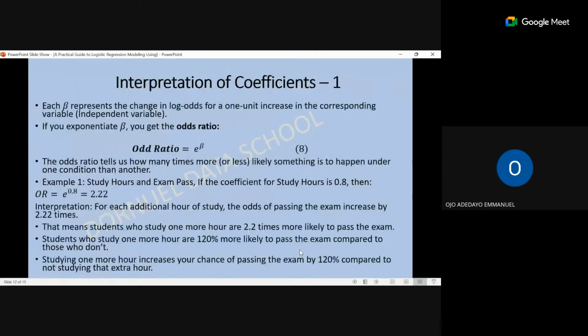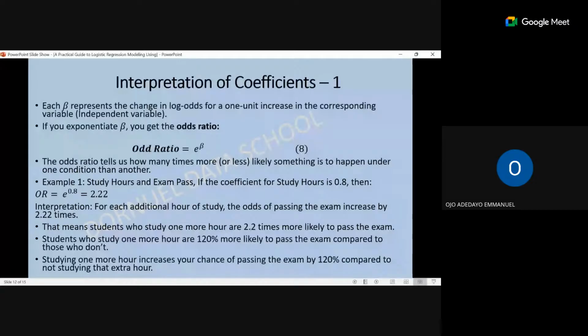Now let's look at it. Each beta represents the change in log odds for a 1 unit increase in the corresponding variable. Remember that when we interpret a linear coefficient, we normally say a unit increase in the independent variable will give you, say, a 2.5 increase in the dependent variable.